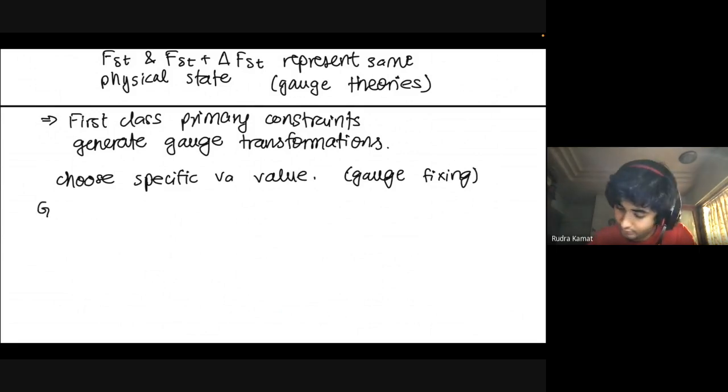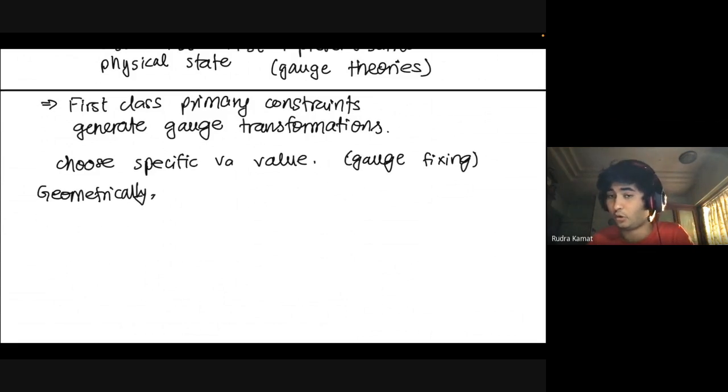So geometrically, what gauge fixing means is eradicating the problem of the non-uniqueness of the final solution. So we had the kernel of omega sub p. What you do is you construct a different omega sub p prime, which is made from omega sub p, quotient with the kernel of omega sub p.